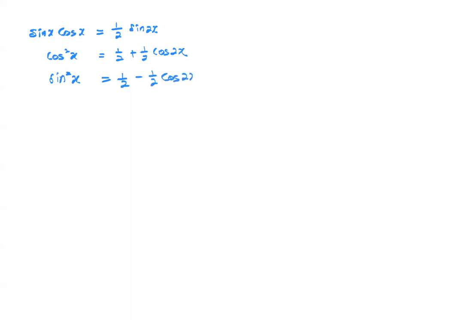So all these are something that you have to put in your notes. Or if you see cos square x minus sin square x, you replace with half. No, this is not half, this is cos 2x. If you see sin square x plus cos square x, you have to replace with 1.